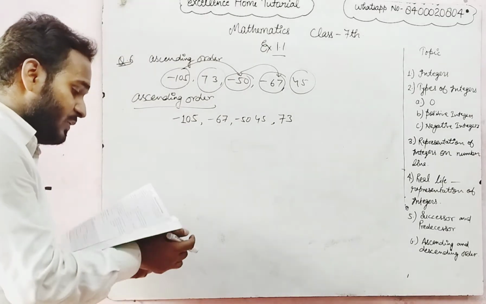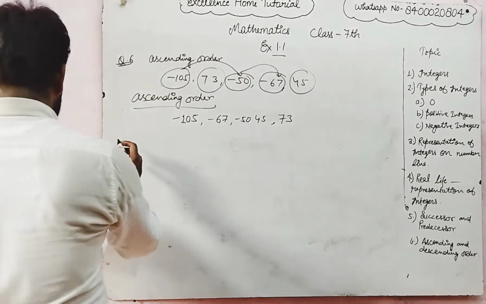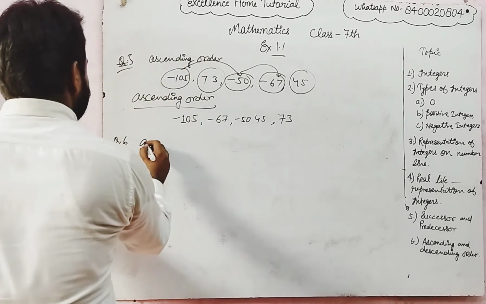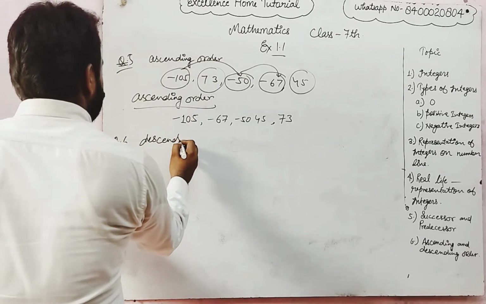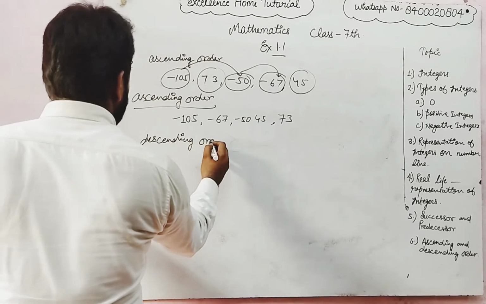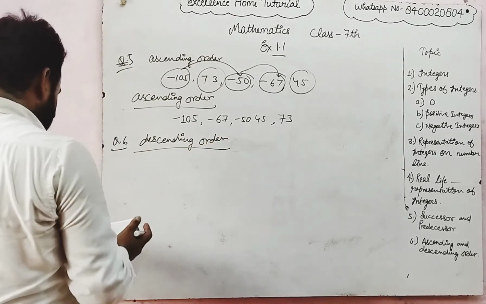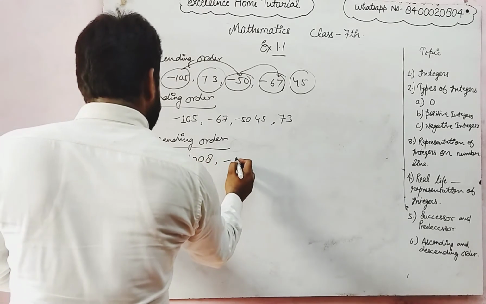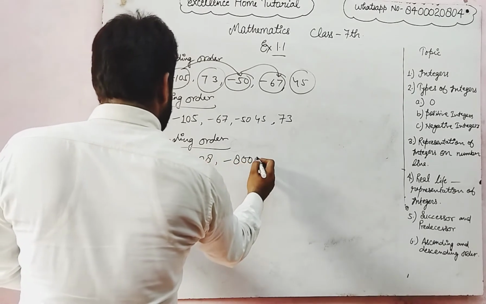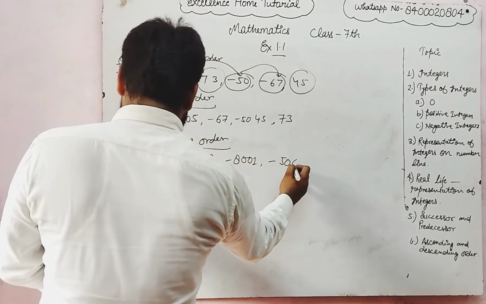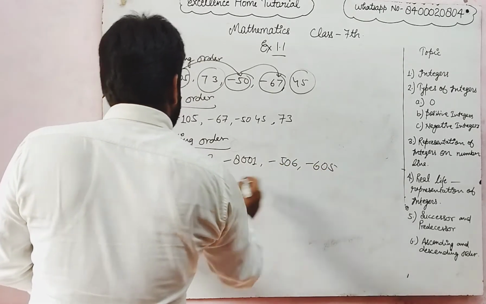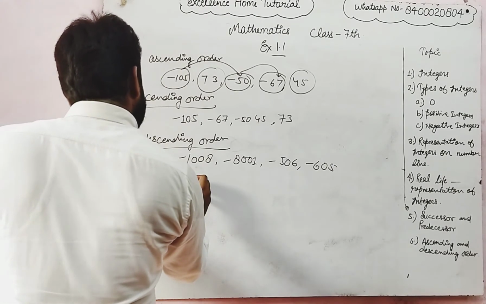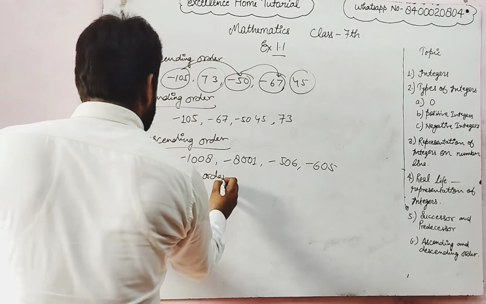Okay, so no problem. This is question number 5. So question number 6, we have to arrange in descending order. So in this question, 1008, minus 8001, minus 506, minus 605, this is the question in which we have to arrange these in descending order.